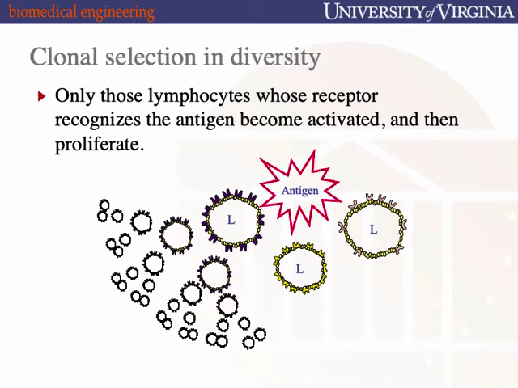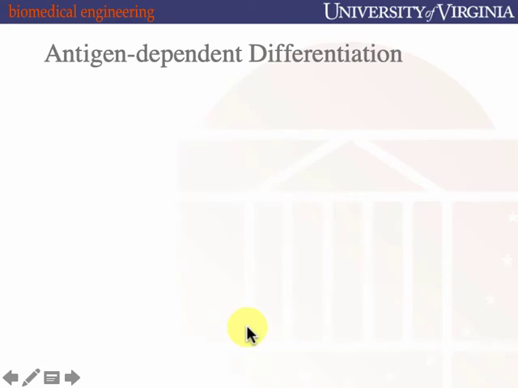There's probably more than just one, but they're certainly not going to expand. And this is 2 to the 20. These things can double 20-fold. So 1 turns into 2, turns into 4, turns into 8, turns into 16. You can see how this expands really, really quickly. We'll talk a little more about this clonal expansion in a second. All right, so now we're going to have antigen-dependent differentiation.